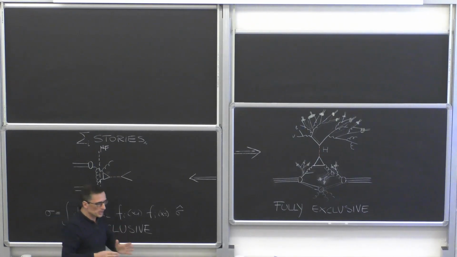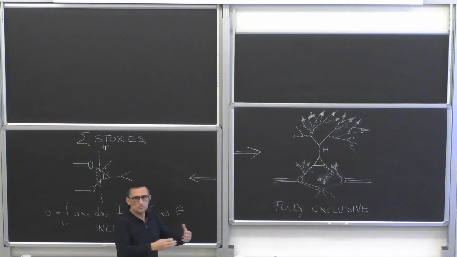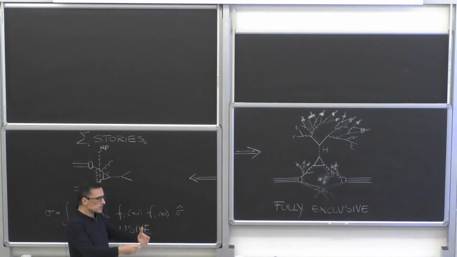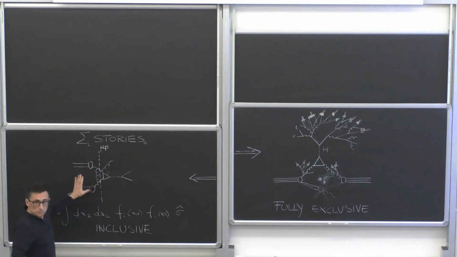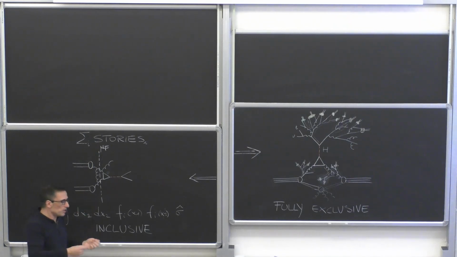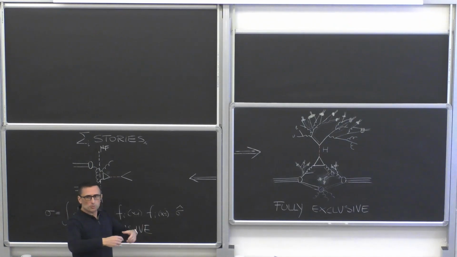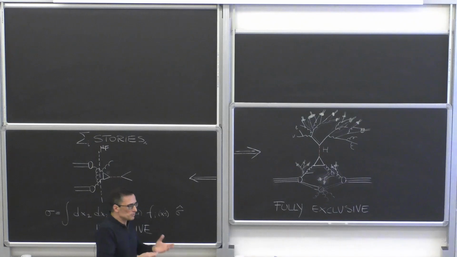So we say we generate weighted events. We generate events as if they were generated by QCD, by nature, right? When nature produces an event, it produces it with the right probability.